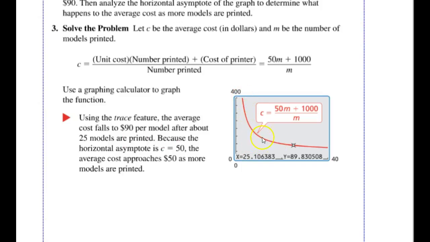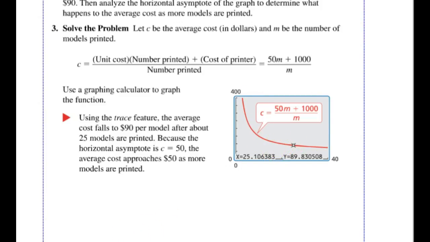So why am I only looking at this part of the graph? Because when I have a rational function, I have two parts of the graph. Well, here, since we're talking about things, I can't have a negative number of models that I print, and I can't have negative cost. So I can get rid of that part of my graph and only focus on the positive.